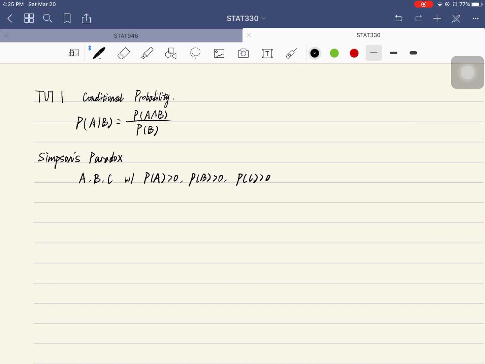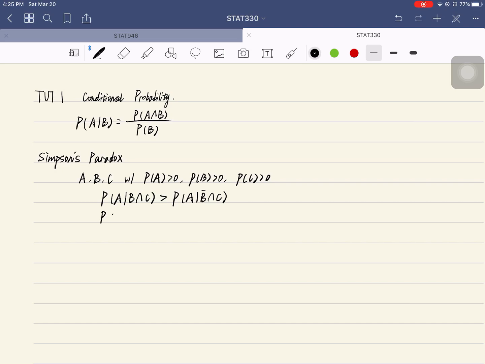The first is that the probability of A given B and C is greater than the probability of A given B not happening but C happening.